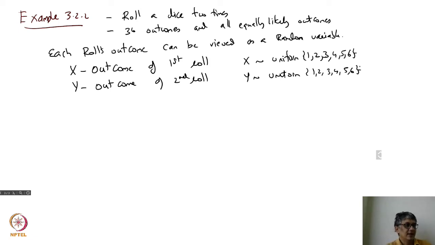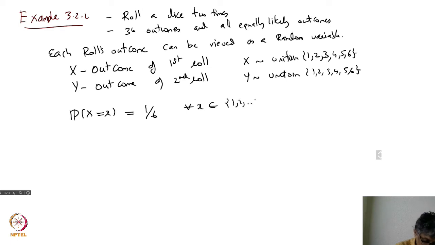So the chance that X equals x is 1/6 for all x in the range of X, and the chance that Y equals y is 1/6 for all y in the range of Y.